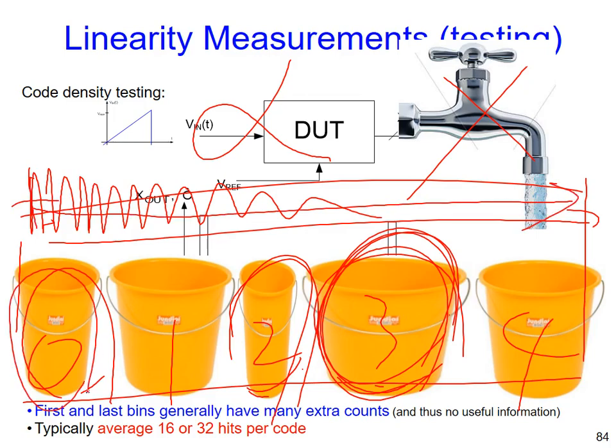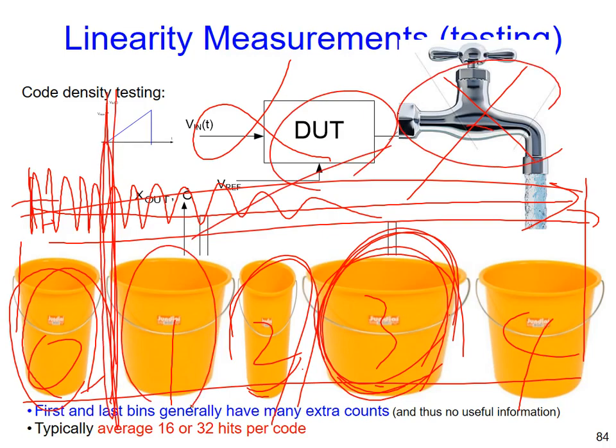From the beginning, because the input is really small, for your ADC output you will get 0, 0, 0, 0. After it passes the boundary, you will get 1, 1, 1, 1, 1, and then pass another boundary, you will get 2, 2, 2, and then 3, 3, 3, 3, 3. Oh, many threes for you.